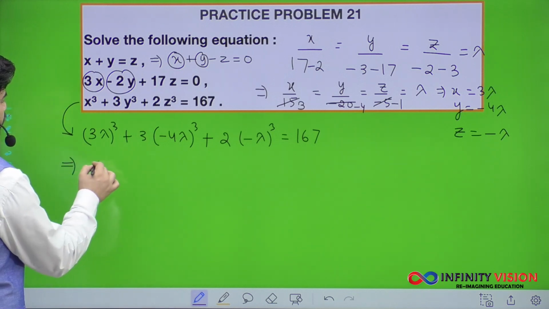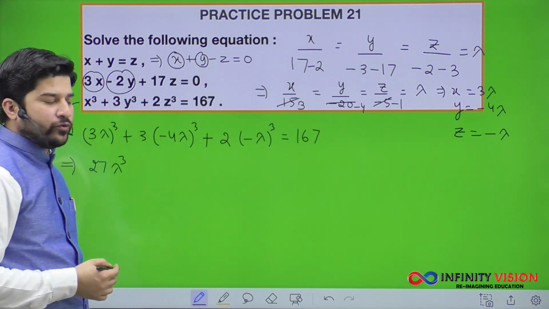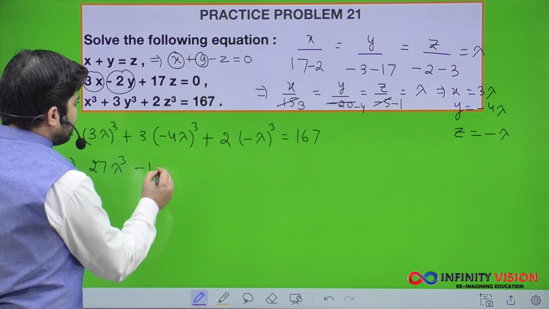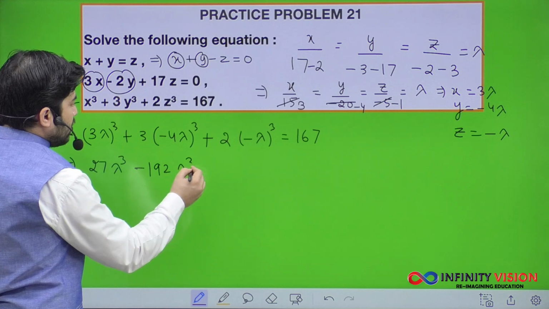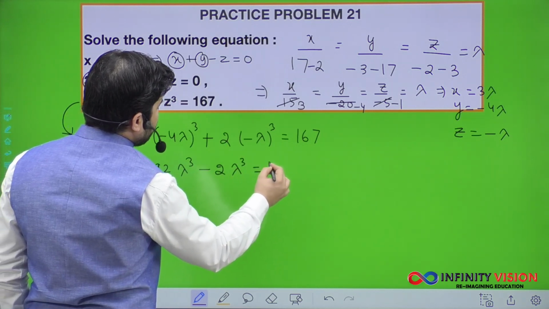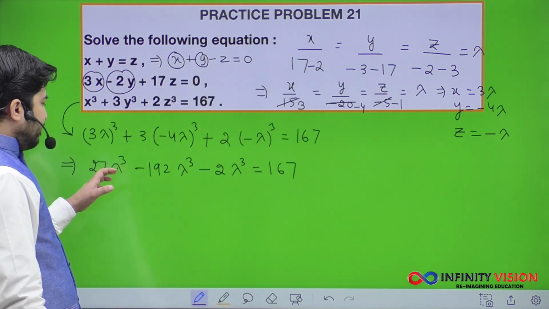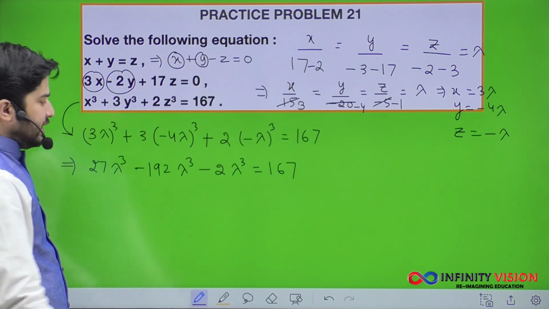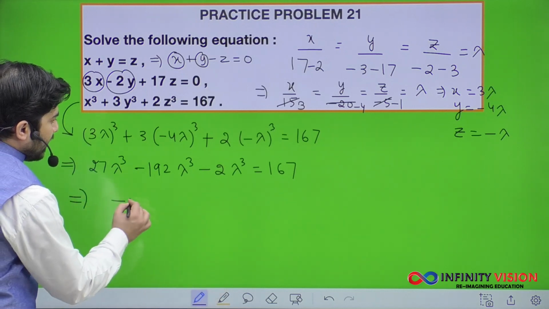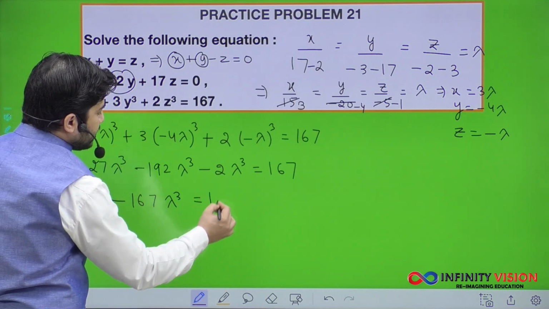So this would become 27 lambda cube. This would become minus 64 lambda cube into 3, that is minus 192 lambda cube. And this would become minus 2 lambda cube is equal to 167. Now 27 minus 194 is nothing but minus 167 lambda cube is equal to 167.